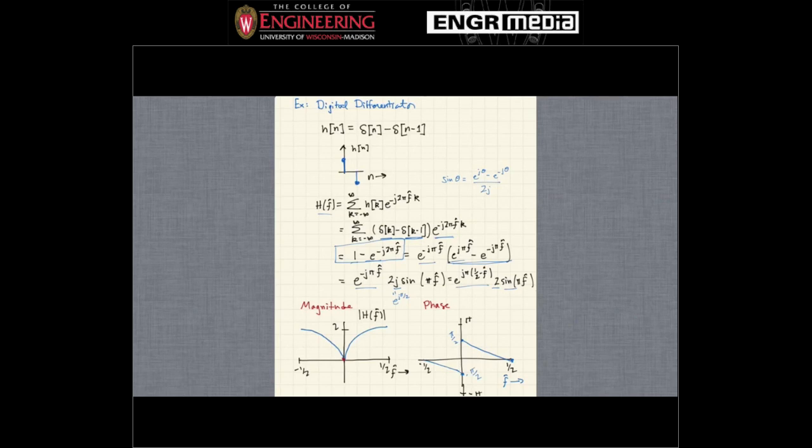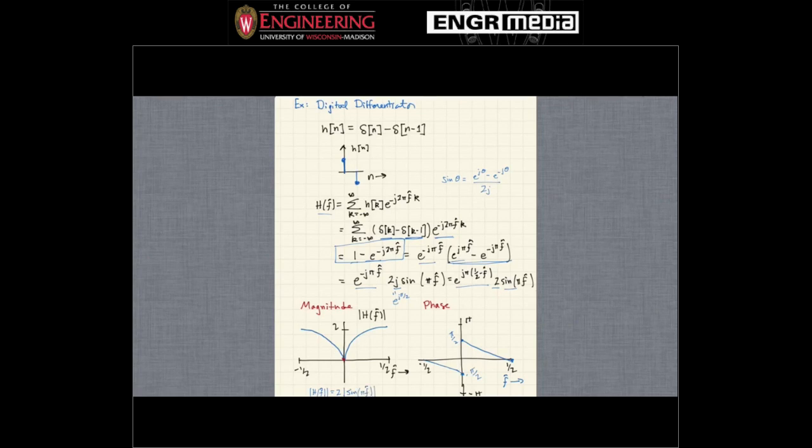So if I look at the magnitude, the absolute value of H of f hat, all I get is really just the absolute value of sine. So you write that down here: the absolute value of H of f hat equals 2 times the absolute value of sine pi f hat.